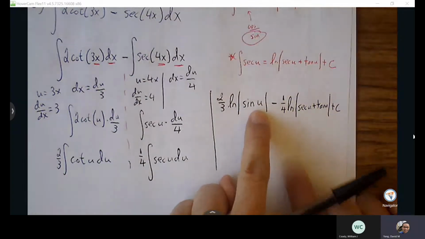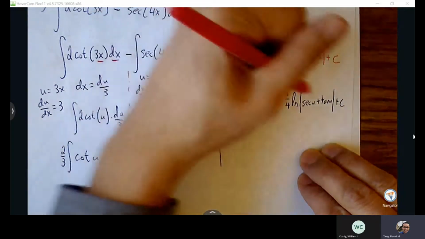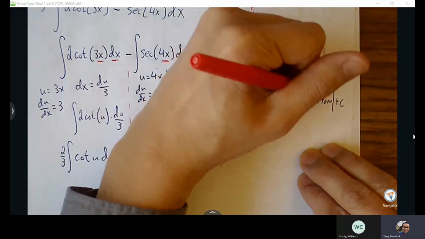Remember this U is with 3x, and these U's are with 4x.